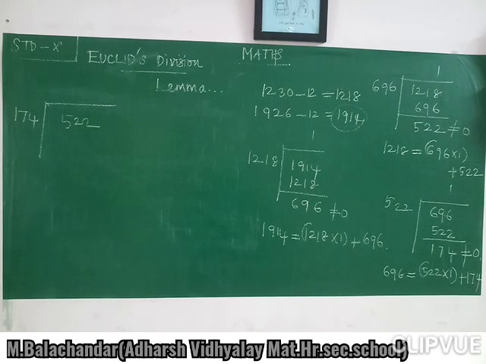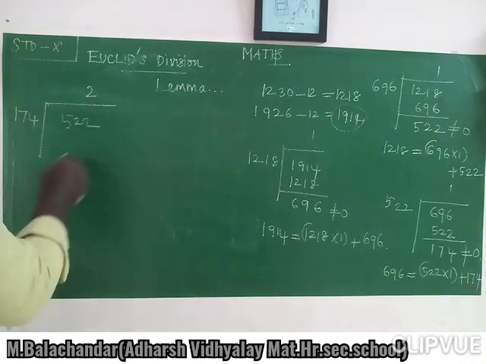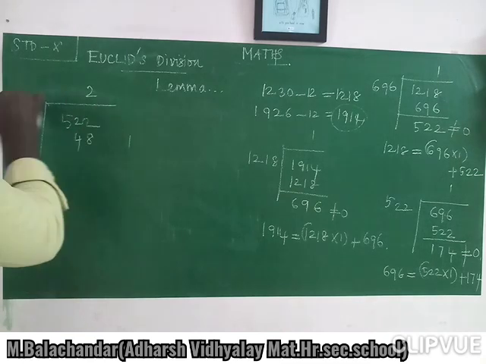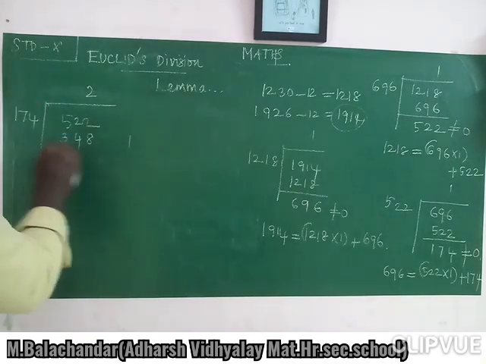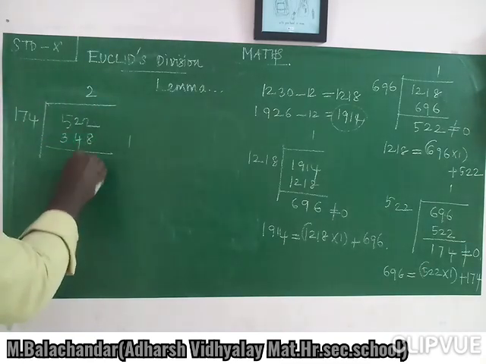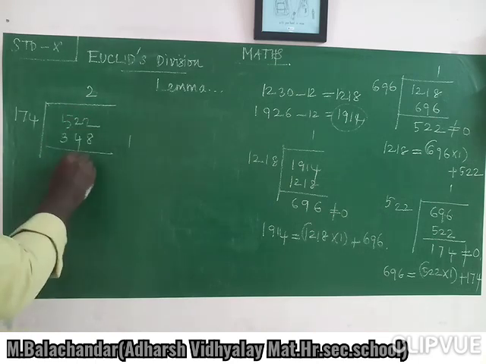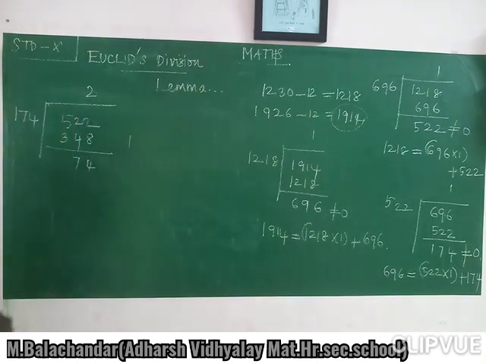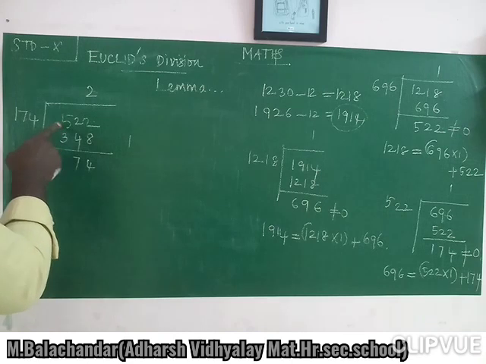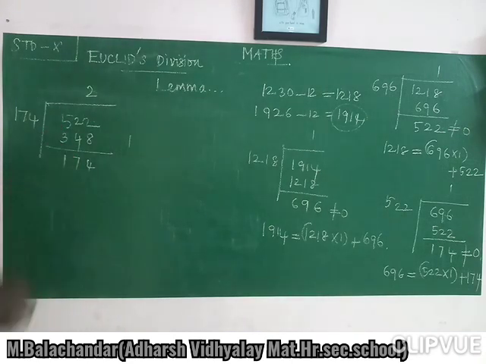That 174, it is closer to 180. You can take that. 2 into 180 means 360. 3 into 180, 540 should come, you know. So actually 2 times 2 4s are 8, 2 7s are 14, 2 1s are 2, 3. 12 minus 8, 4. Actually 4 will be there in 174.